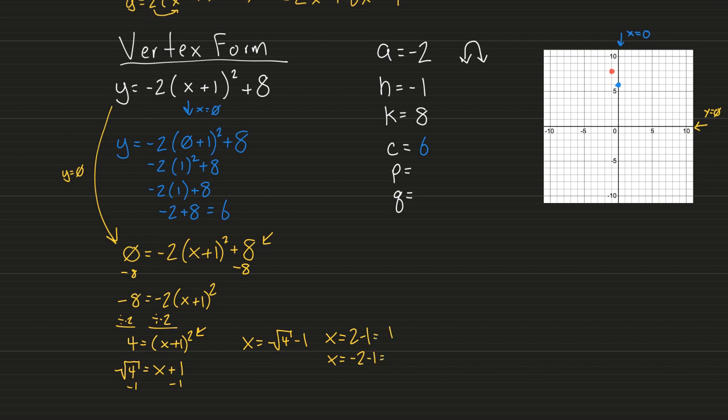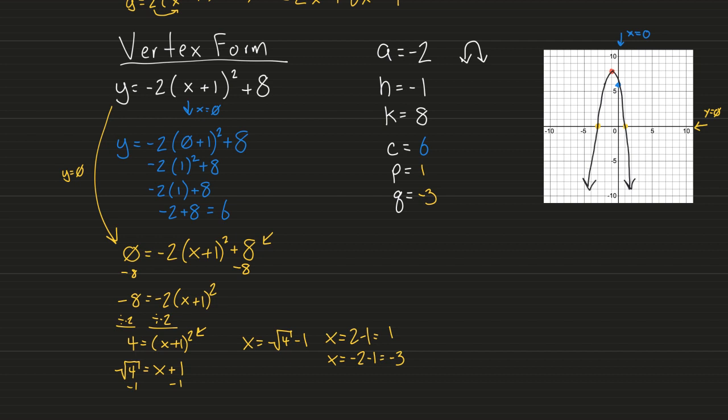So we'd find 1, and we would find negative 3, and those would be our intercepts. So we'd have it at 1 and negative 3. And at this point, we can go back and draw in a quadratic that looks something like this. Something like that.